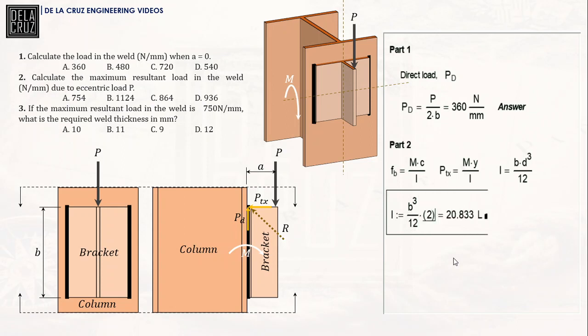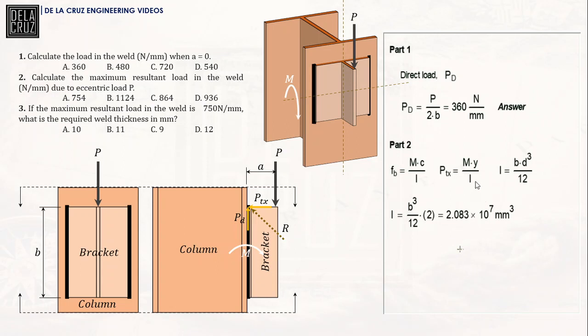And since it is per mm, that would be in mm cube. Maybe it is better to make it scientific: 2.083 times 10 raised to 7 mm cube. Again, mm cube is the unit because we are considering per mm of our welds.